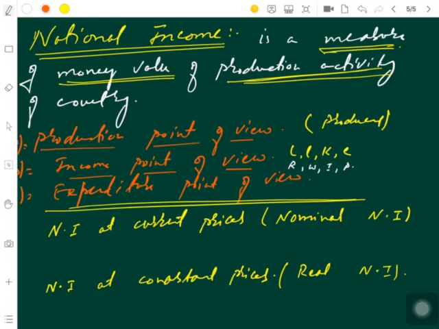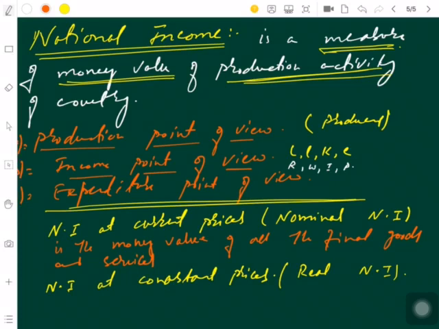So national income at current prices, or nominal national income, is the money value of all the final goods and services produced in a year.